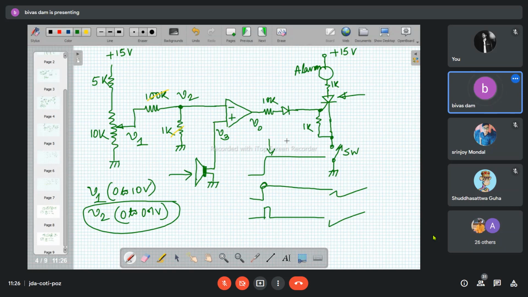Now here I have opened the switch. Yes sir. So as soon as you open the switch, the SCR is off. But the very moment you close the switch again, as the gate voltage is still on, it will be getting the gate current once again. So it will become turned on. Okay.